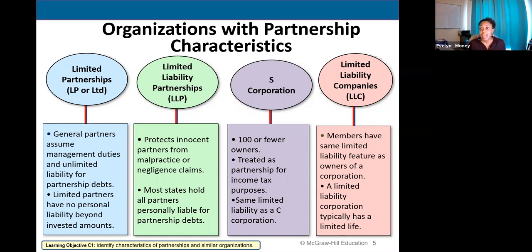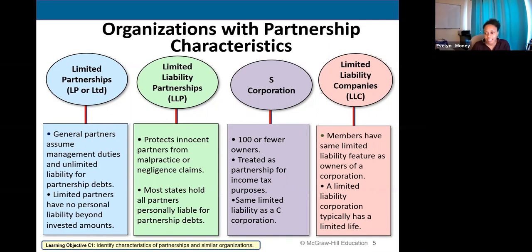So most states have come up with another form of business that offers the benefits of a partnership but limits the drawbacks. That would be an LLC or an S corporation. With an LLC, owners are referred to as members. They enjoy limited liability, so very similar to a corporation. They can only lose their investment.